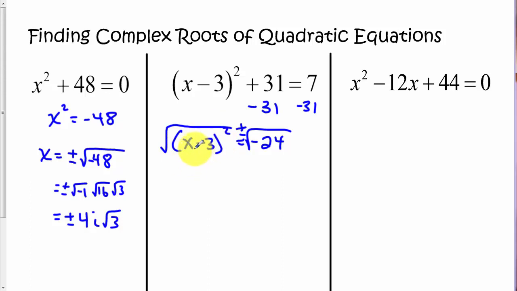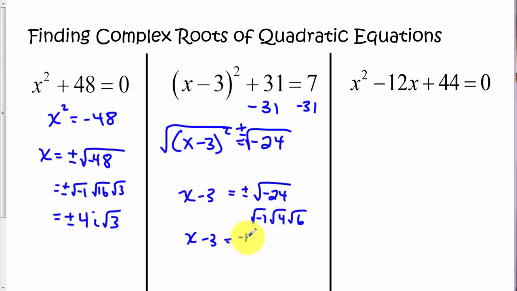Now when we square root something that's squared, it undoes the square. Now 24 is divisible by the perfect square 4, so it's 4 times 6. So this is going to be square root of -1, square root of 4, square root of 6. So we've got x minus 3 equals plus or minus, this is going to be 2i radical 6.